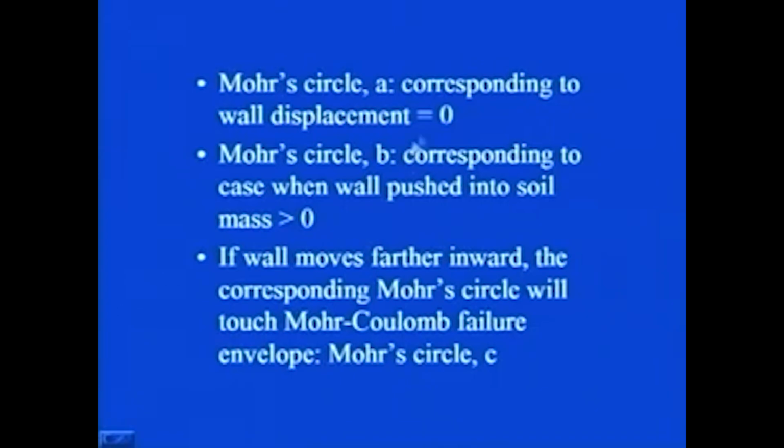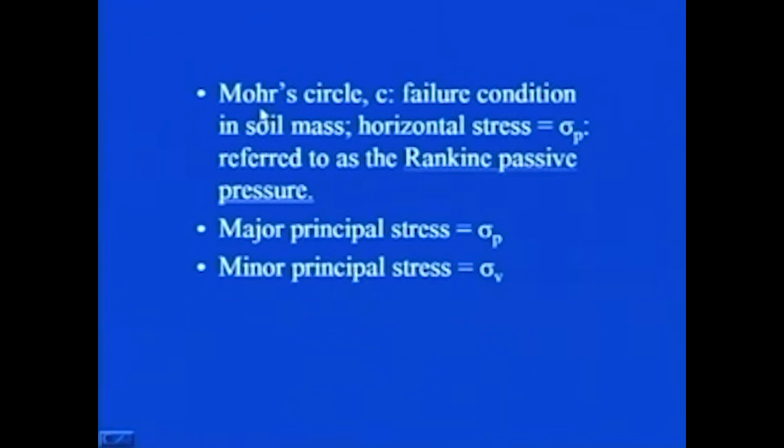Mohr circle A corresponds to wall displacement equal to 0, that is, the at rest condition. Mohr circle B corresponds to the case when the wall starts pushing the soil mass, that is, the displacement of the wall is greater than 0. If the wall moves farther inward, the corresponding Mohr circle will touch the Mohr Coulomb failure envelope, and this corresponds to Mohr circle C. Mohr circle C is an important one, and it is the failure condition in the soil mass.